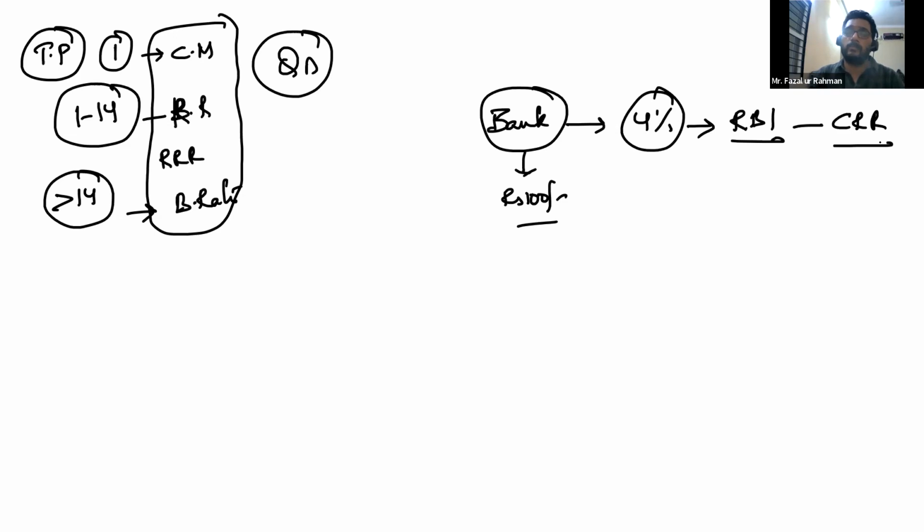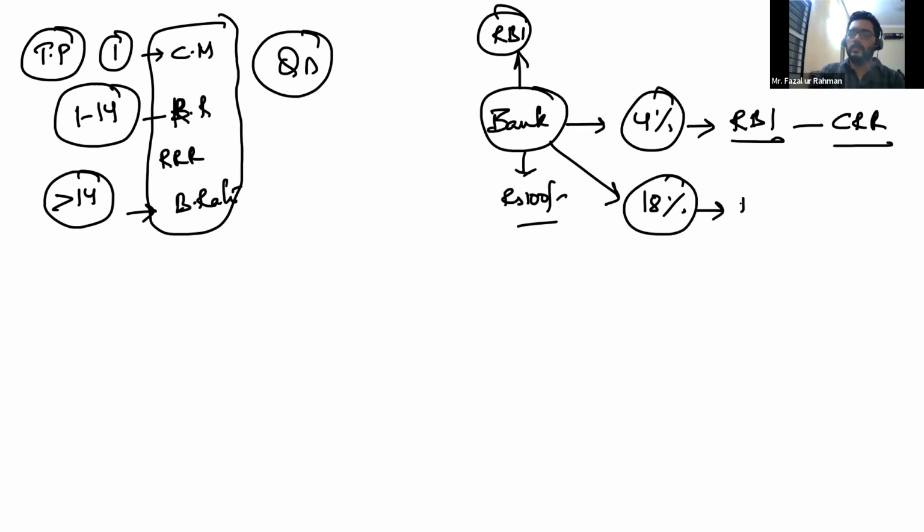It is a minimum reserve that every bank will deposit, certain ratios with the Reserve Bank of India. So a bank depositing certain ratios with the Reserve Bank of India is called CRR. Now, the same bank also has to keep with itself an 18% reserve.